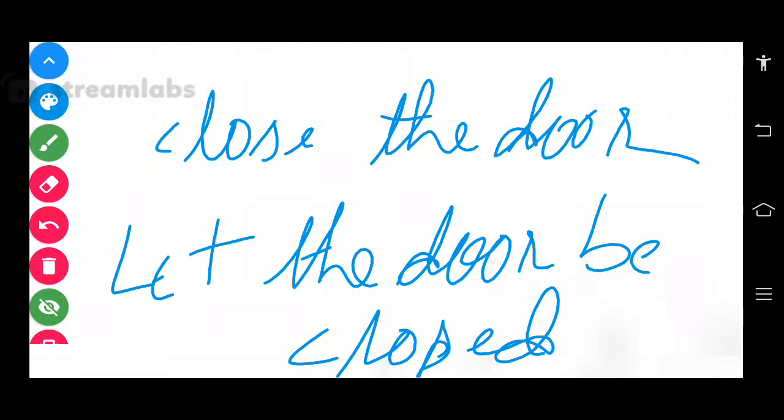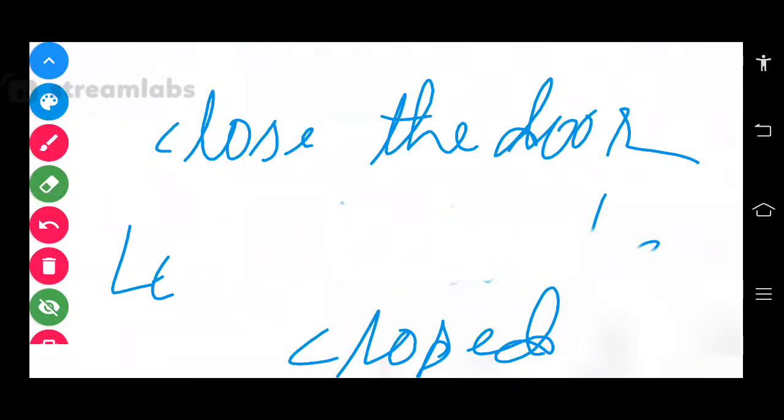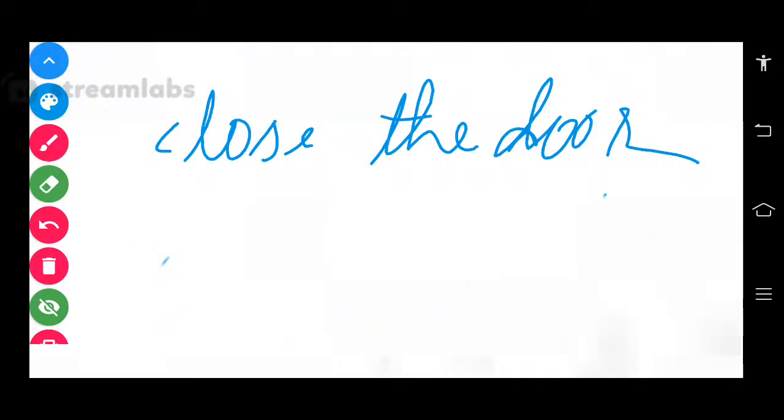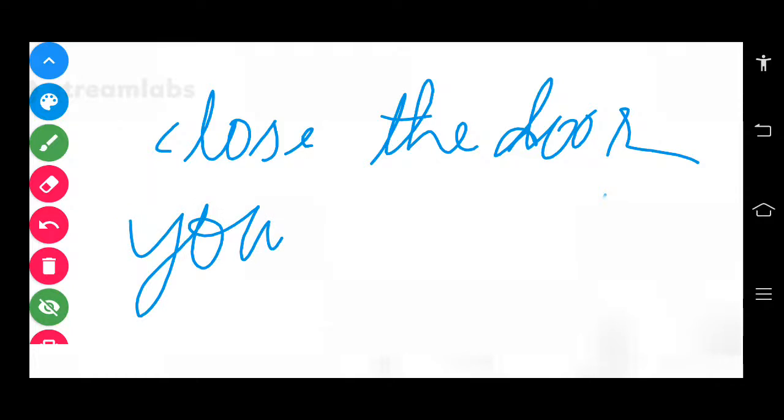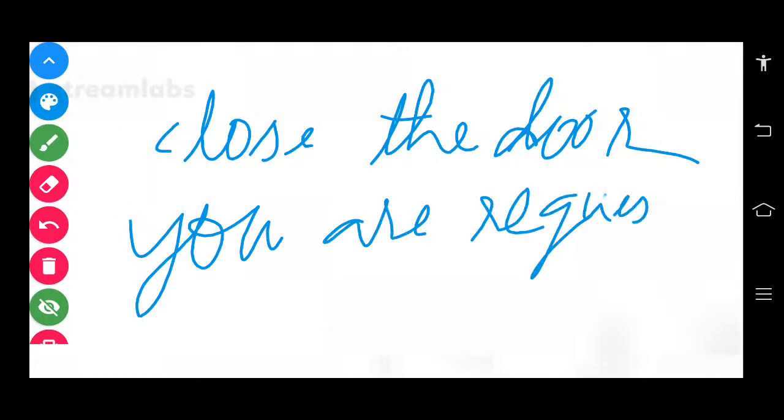But if the same sentence is used in the request manner, we have to understand whether it has been used in the command manner or request manner. If it is used as a request, then it is answered like this: You are requested to close the door.